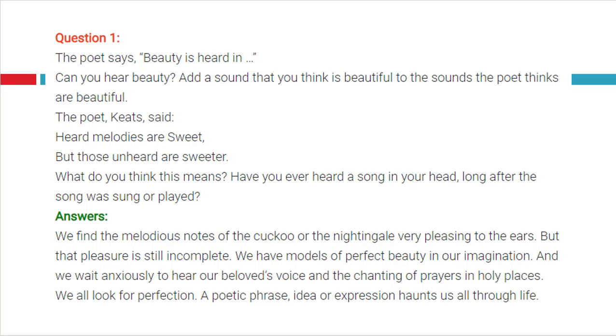So what does it say? Yes, there are sounds our ears like to hear, and in holy places there is prayer, which we also like to hear, and our ears are anxious to hear our relatives' or our beloved's voices, right? So that is the meaning given here in the poem.